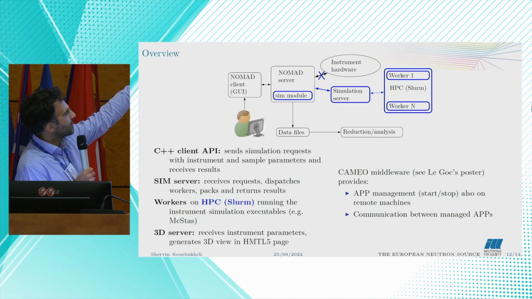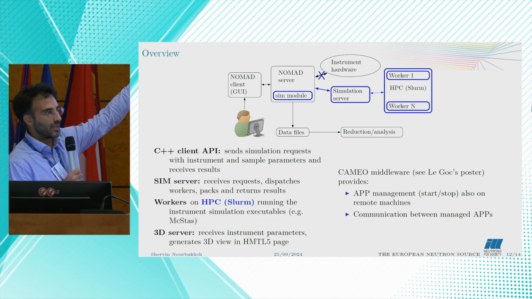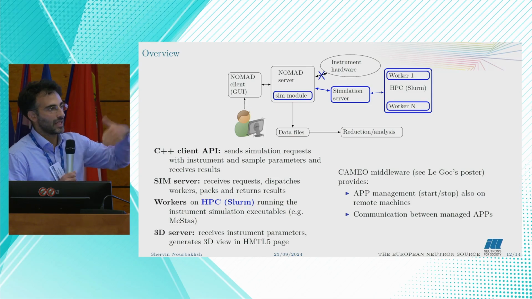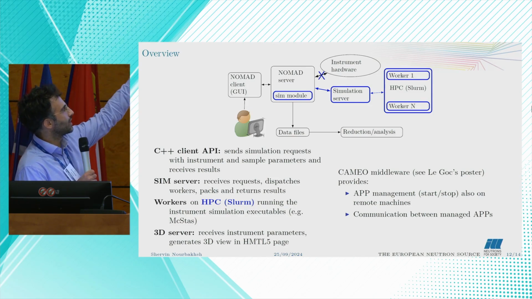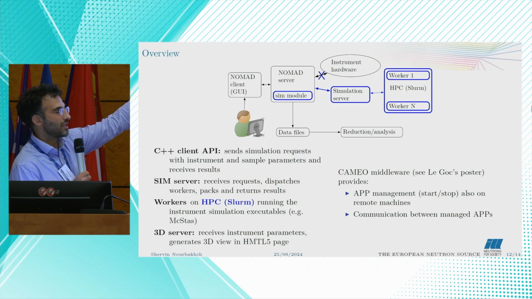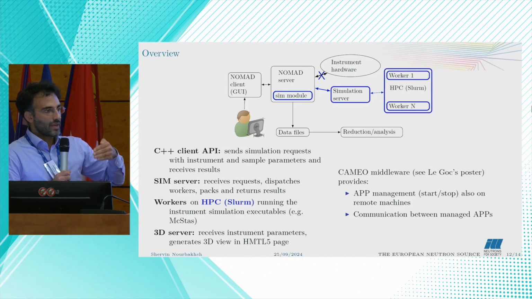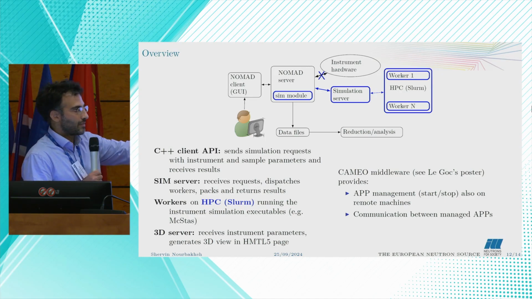So the simulation server replaces the instrument hardware. So what happens is that in the Nomad server, in the instrument control system, instead of sending the information about the axis, positions, motors, and so forth to the hardware, it sends this simulation request to the simulation server. So everything about the instrument is there, plus the information about the sample.